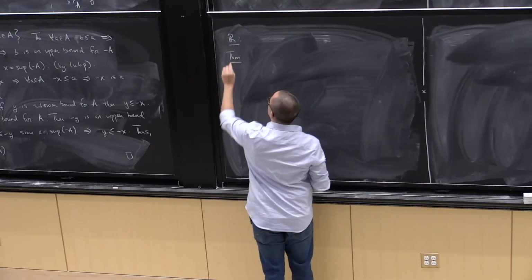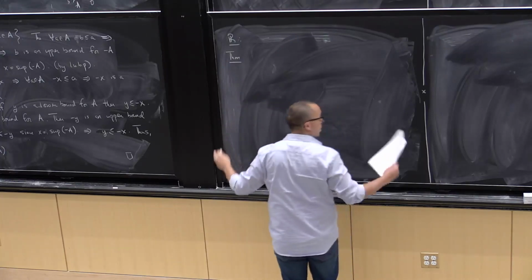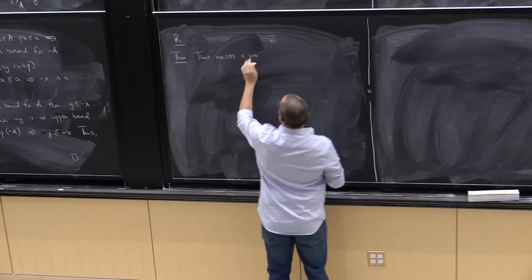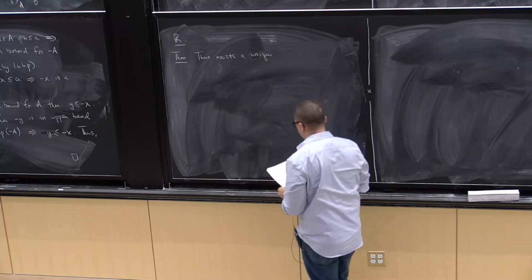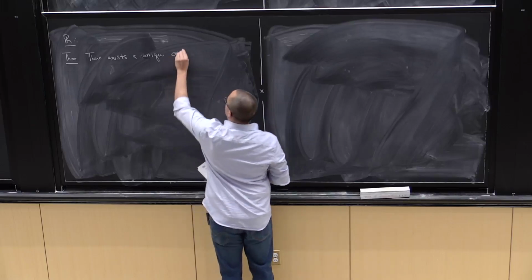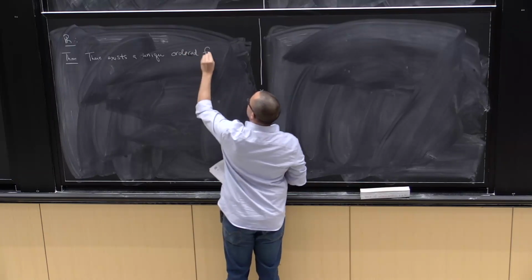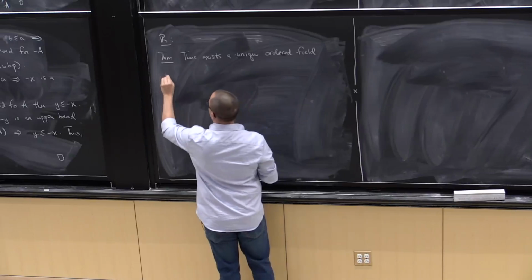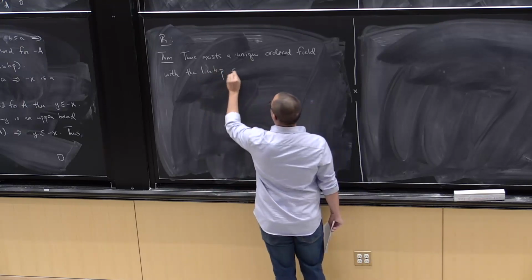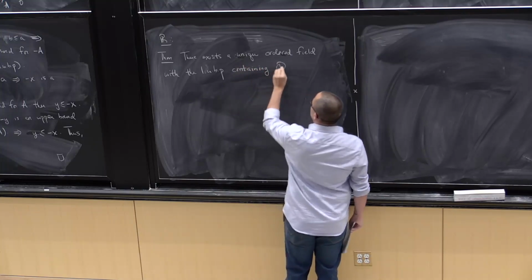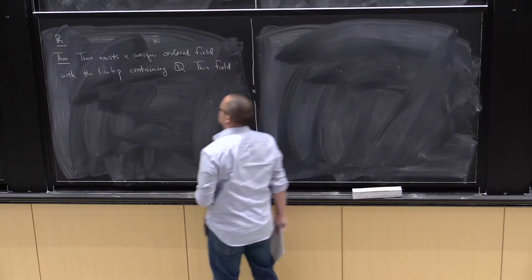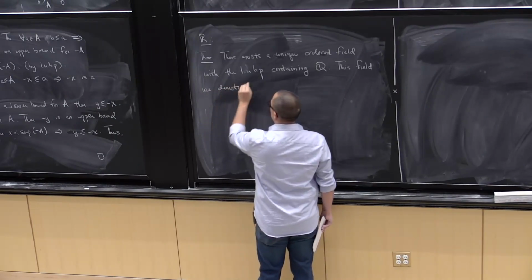I'm going to state this theorem about the existence of R and its properties, to bring this back to our goal of describing exactly what R is, or what separates it from Q. There exists a unique ordered field with the least upper bound property containing Q.